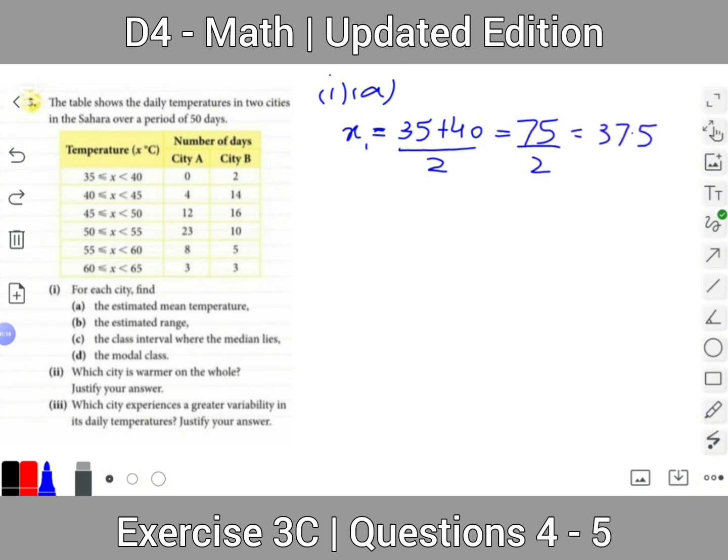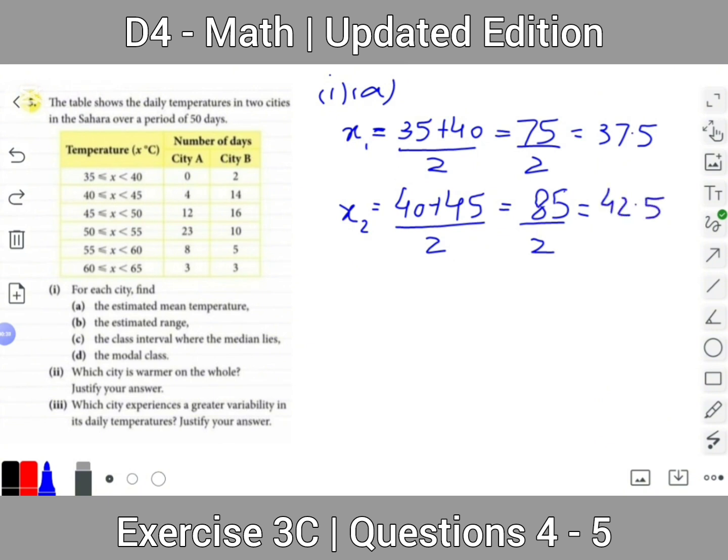So the first mid value is 37.5. The second mid value can be found by 40 plus 45 divided by 2, and it will be equal to 85 divided by 2, and after division we will get 42.5. So the second mid value is 42.5.